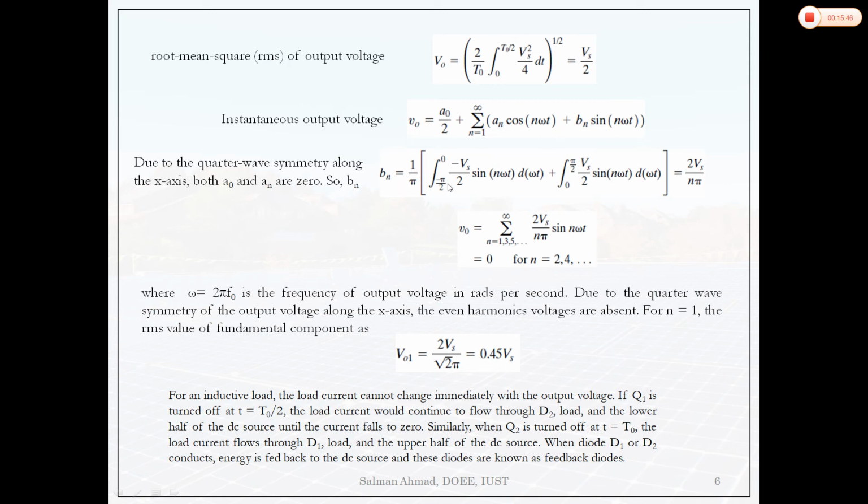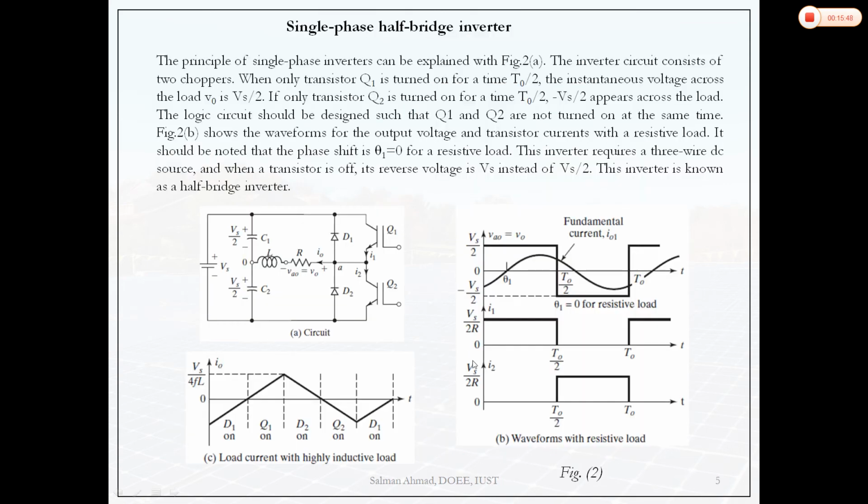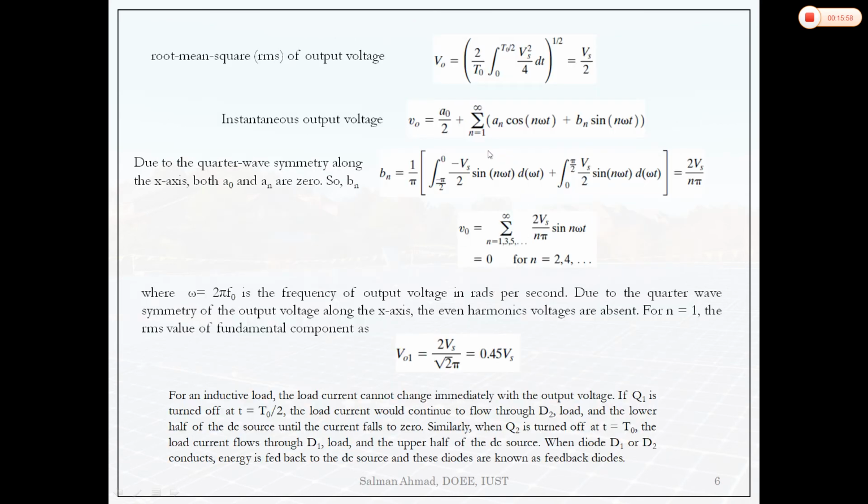From minus pi by 2 to 0, the output voltage is minus Vs by 2, so we substitute minus Vs by 2 in that part, and from 0 to pi by 2 it is Vs by 2. If we integrate these two parts, we get 2 Vs upon n pi. Now in v naught we can substitute the bn value.